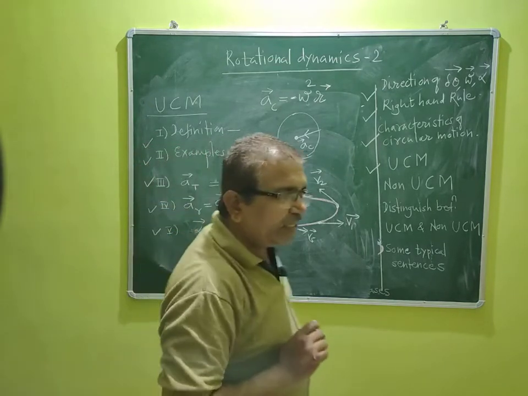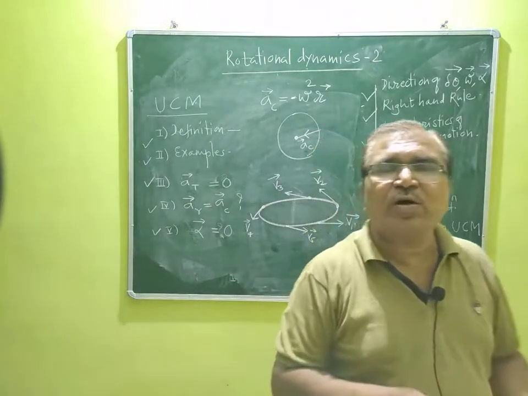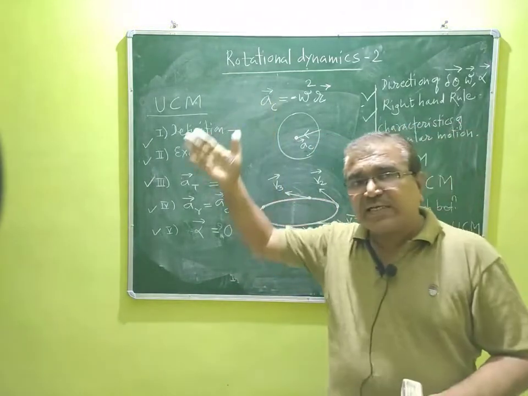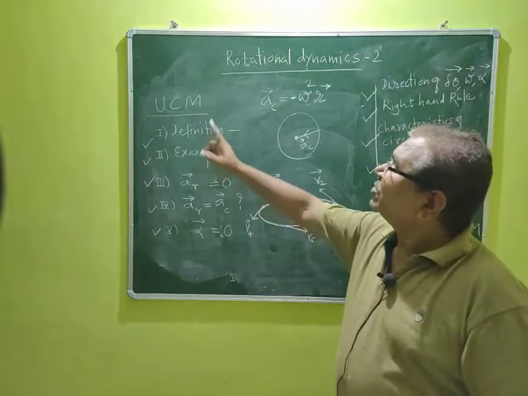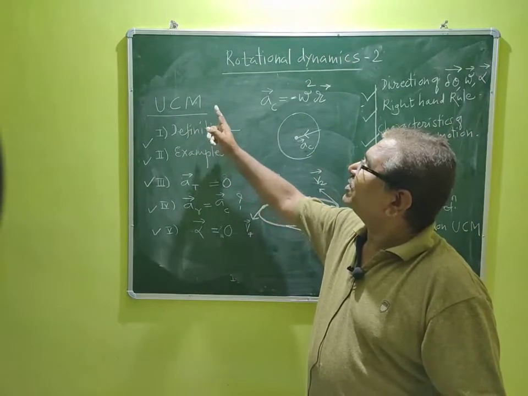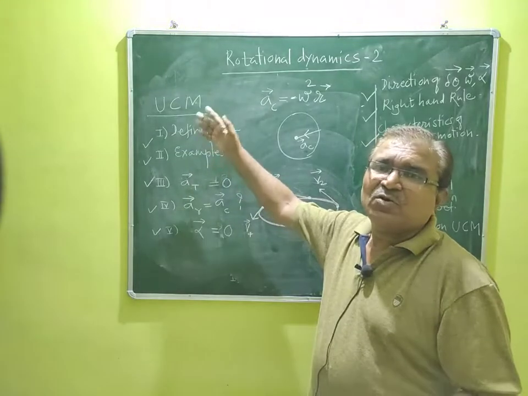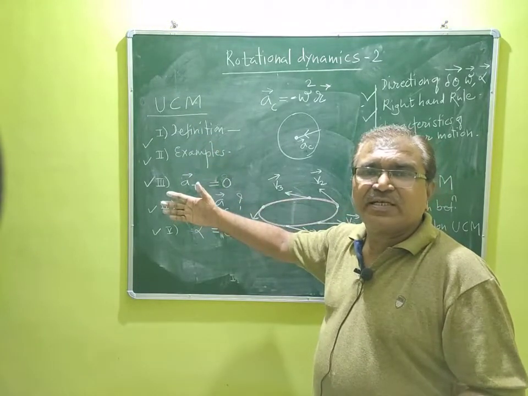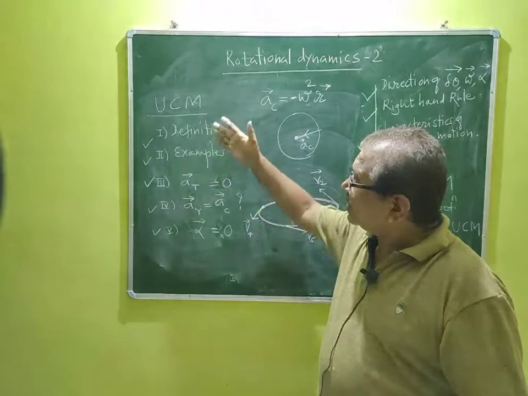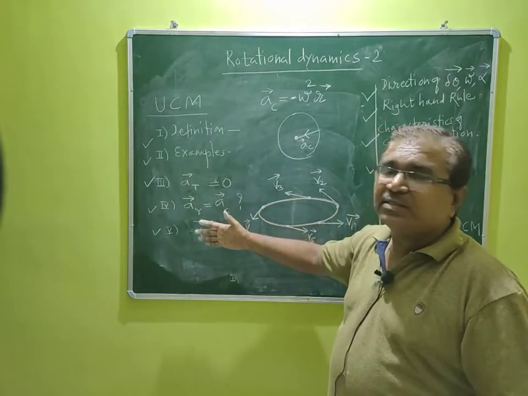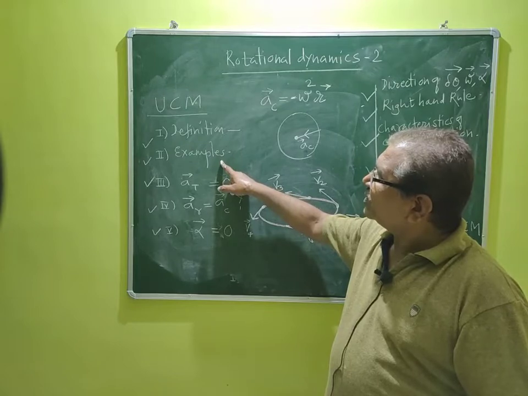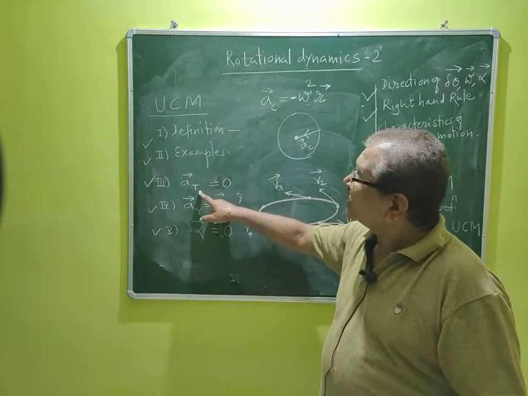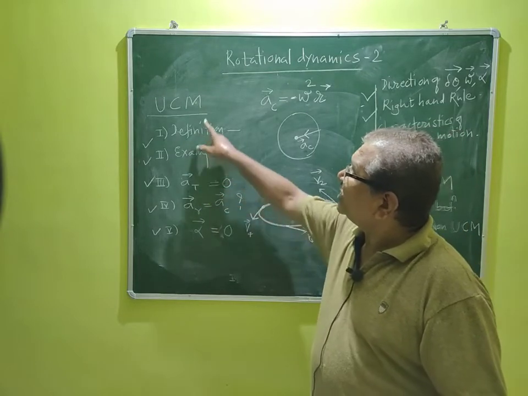So by making use of these five points, we can explain uniform circular motion more clearly, dear guys. Observe my lecture again and again. See the points carefully. Write down the definition. Write down the examples. What is tangential acceleration in UCM?